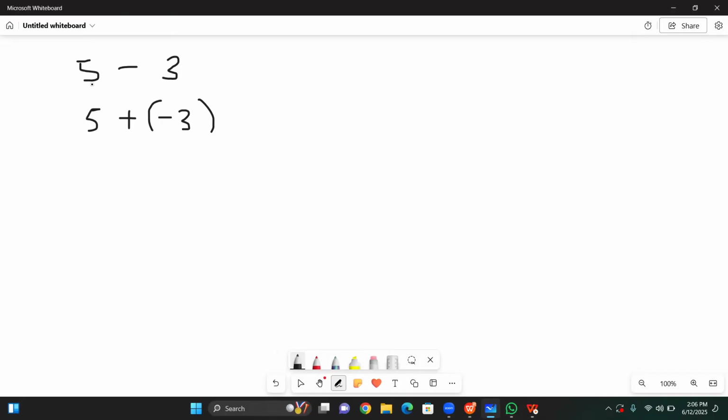By saying, instead of 5 minus 3, it will now say 5 plus minus 3, because both of them are the same thing. So there will be no need to create a device that will do addition and another device that will do subtraction. The device that does addition is actually called an adder. We'll talk about that in later sessions. But now we just have one device that can do the same thing.